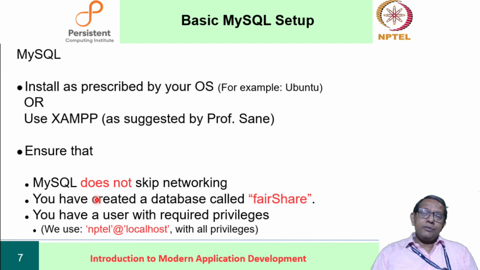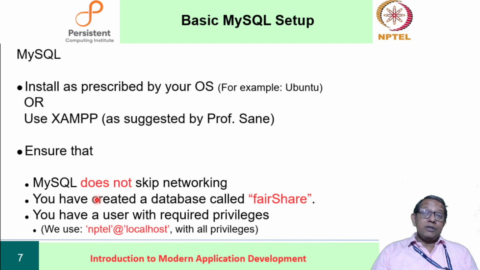The key things that you need to ensure as far as MySQL is concerned are that it does not skip networking, at least until you understand how to create a very secure MySQL system. You will need to ensure that you have created a database called fair share. We will shortly show an interaction sequence.